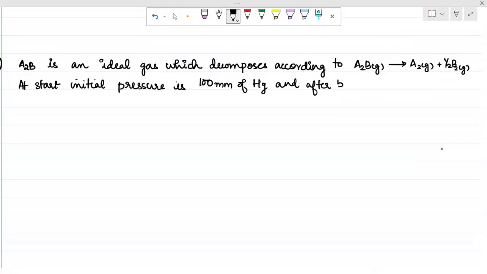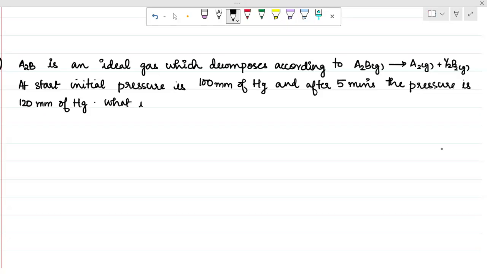And after 5 minutes, the pressure is 120 mm of Hg. What is the average rate of decomposition?